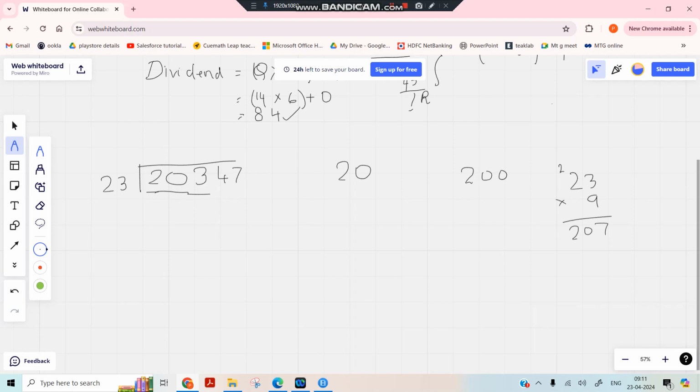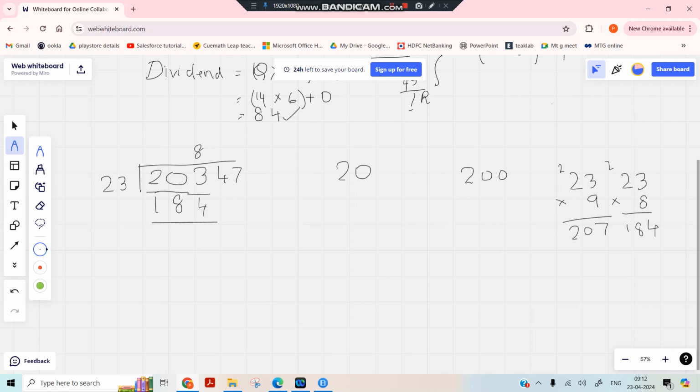So if this estimation doesn't work, it's very obvious that if you multiply 23 with the number just one less than 9, that is 8, you are sure to get the proper number with which you will be able to divide the 203. So 8 times 3 is 24. 8 times 2 is 16 plus 2 is 18, 184. So we'll put a 8 here and 184 here.